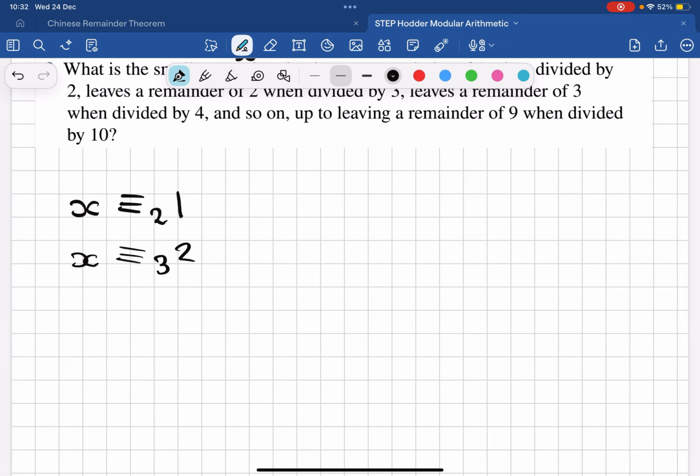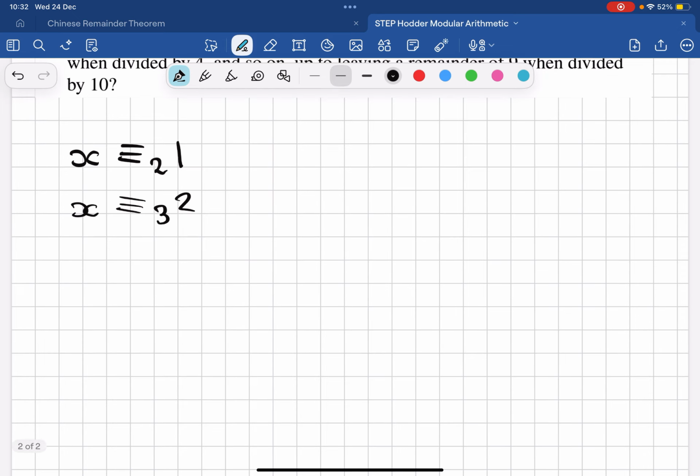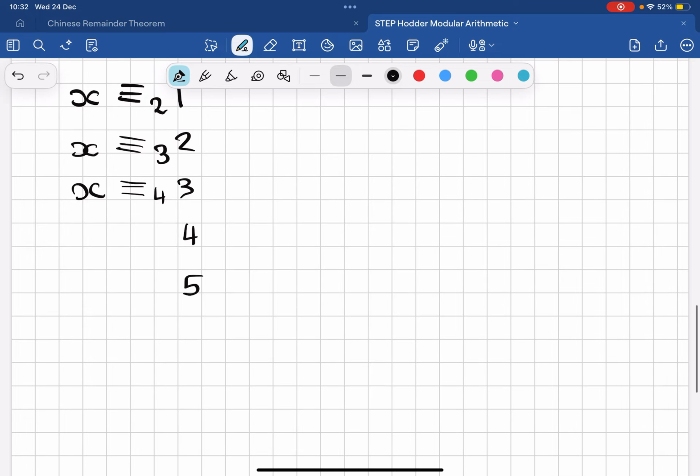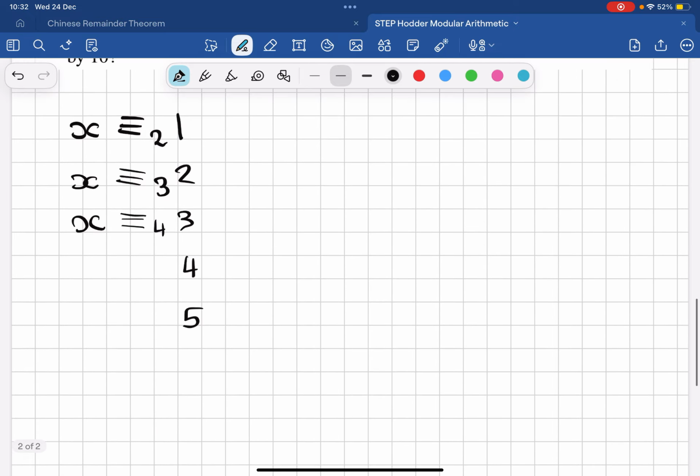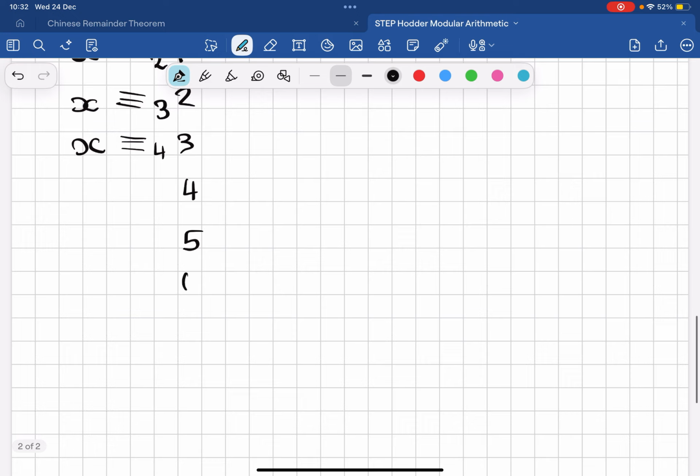The same for x is congruent to 2 mod 3. And then we go on up until mod 10. So 4, 5, 6, 7, 8, 9, 10. We can say x is congruent to all of these.